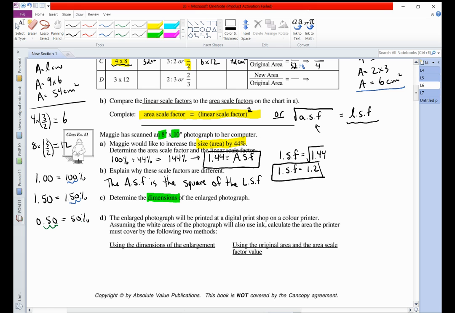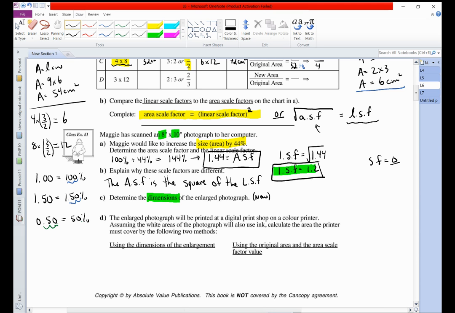So the new dimensions are going to be, well, if we're doing one-dimensional measurements, we want to use our linear scale factor. But wait, hang on, before we go there, we know that we're looking for the dimensions of the enlarged photo, which is the new, and we know our formulas.